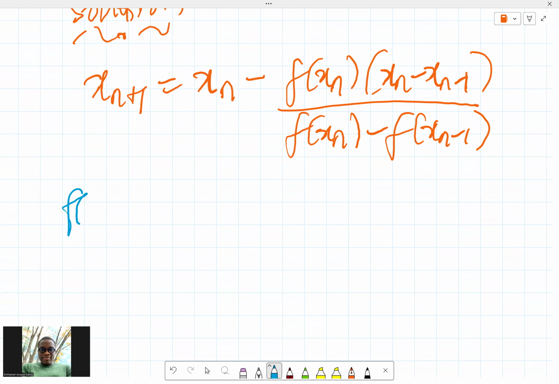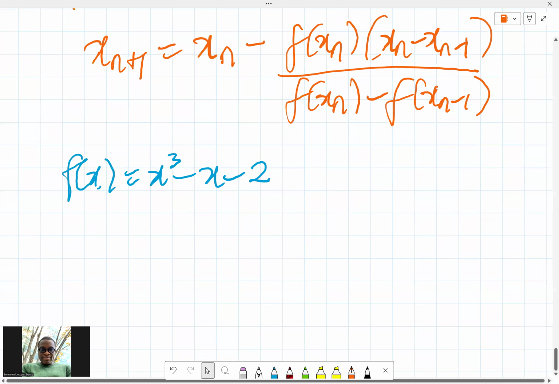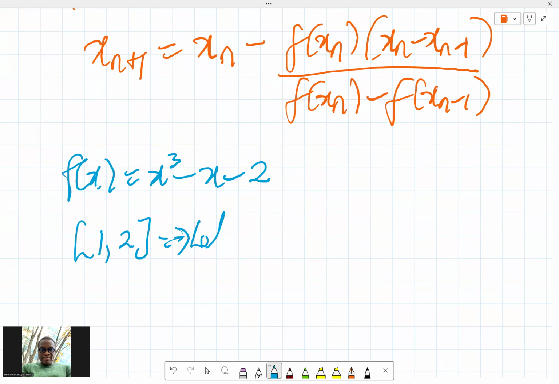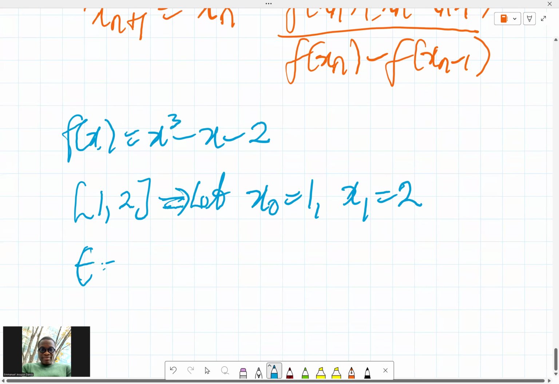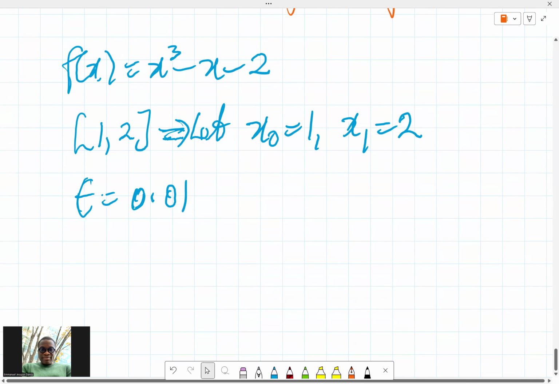We have f of x to be x cubed minus x minus 2, and we have the interval 1, 2. So we can say let x0 be 1 and x1 be 2, choosing from that interval. We also have the tolerance limit, which is the stopping criteria. It tells us when we should stop. So from here we can begin.